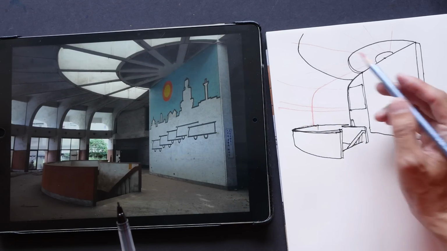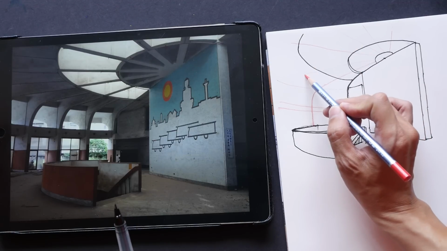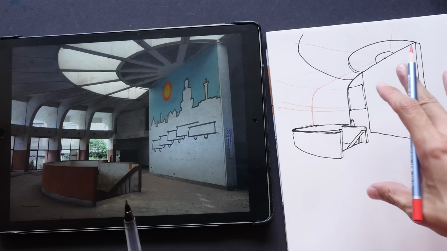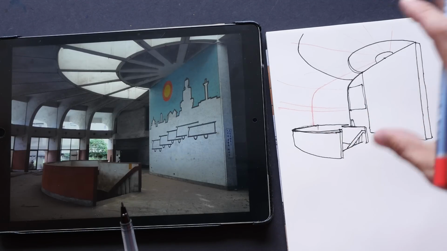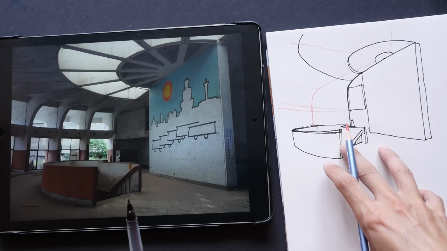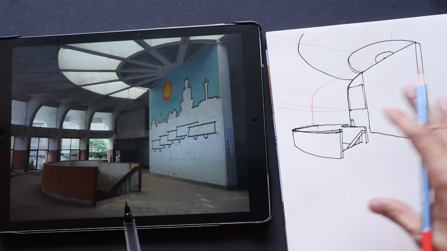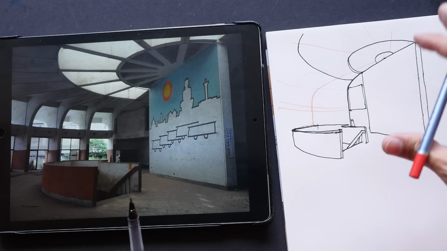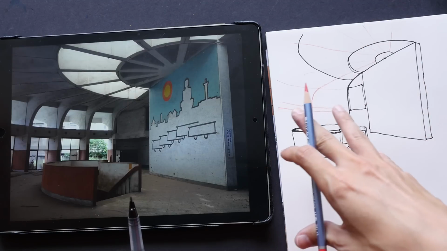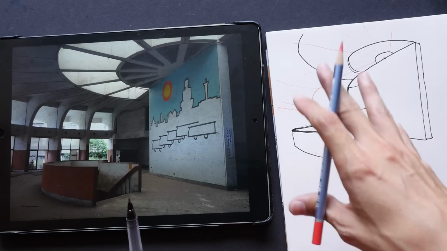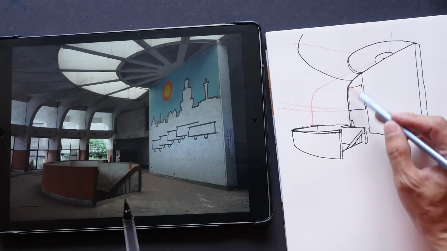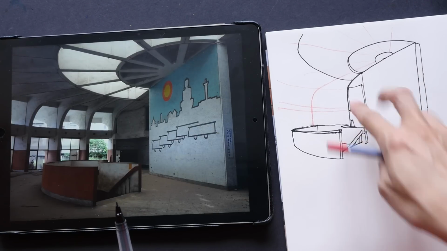If you want accuracy, you have to draw very carefully. And if you make a mistake right at the beginning, that mistake is going to come back to haunt you later on, because if you don't correct it early, it's going to affect all the other parts of the drawing. And that is why I have this part here, which is so thin.